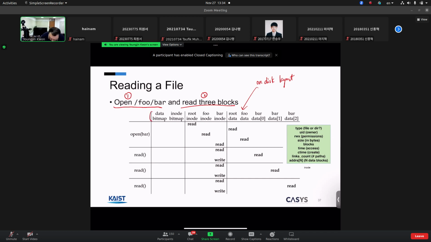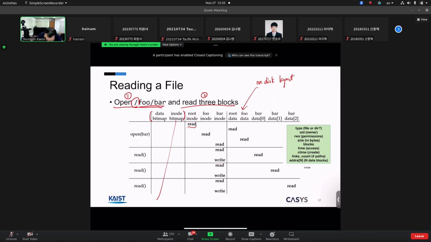There are data and inode bitmaps. No inode allocated, no data blocks allocated, so no operation happens here. First, when you open this file, you have to read the inode for root first. Then, looking at the inode, you search the root directory block and identify the inode number of foo.